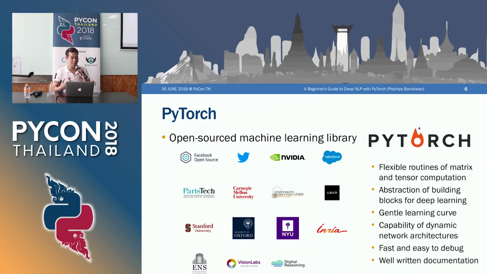And it has some capability for dynamic network architectures. In the literature, people use static networks, like fixed-shape networks, for classification and clustering. But PyTorch enables you to use dynamic network architectures. It unleashes the power of dynamic networks.